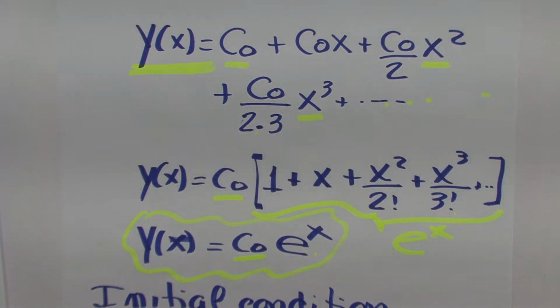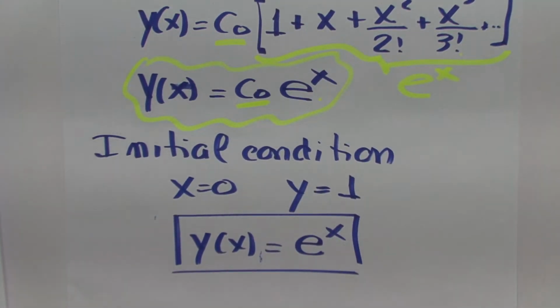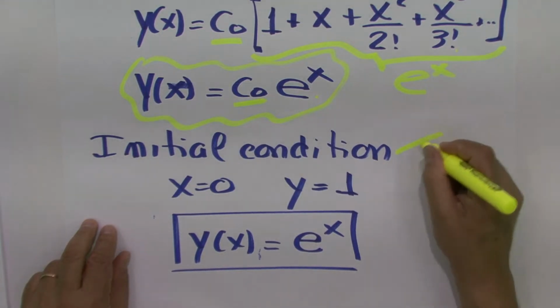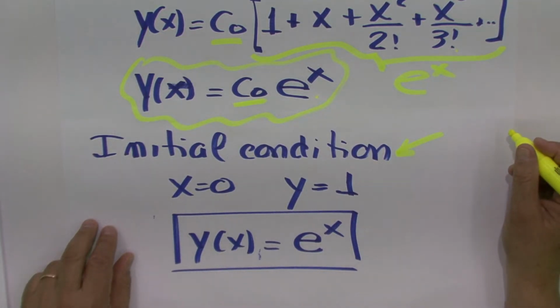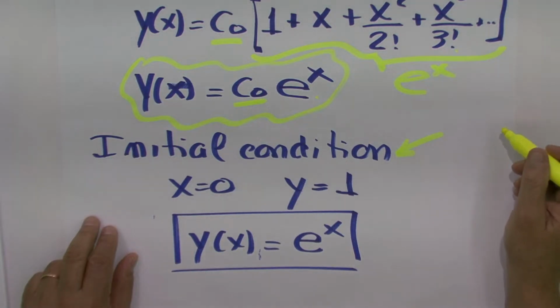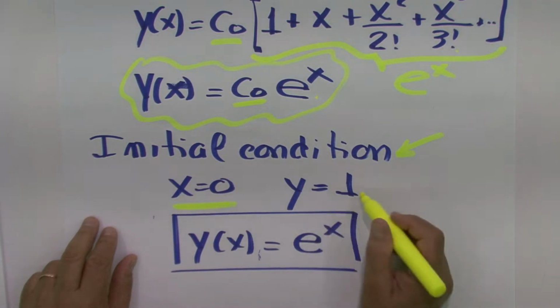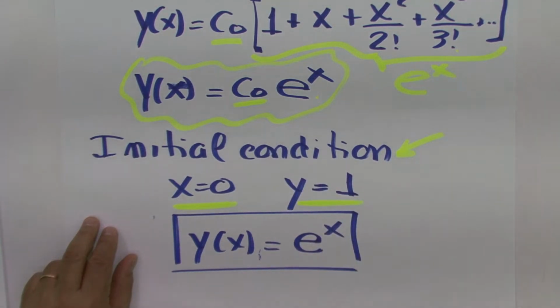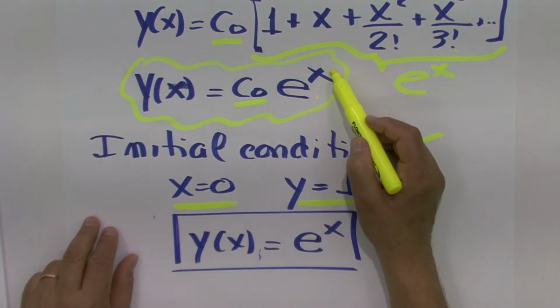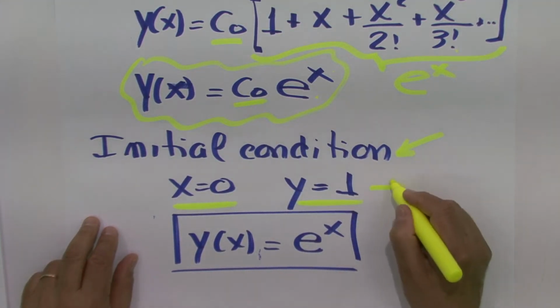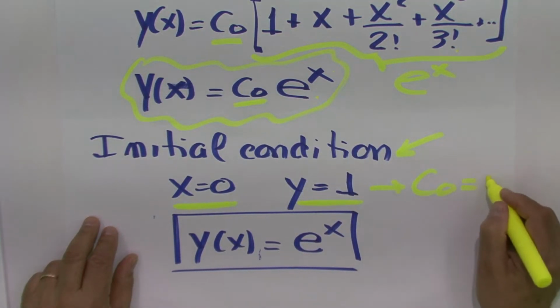And to determine the constant, I need some initial conditions. Any differential equation needs initial conditions, right? And here, the initial condition that I am giving is, at x equals 0, y must be 1. And then I determine that if x equals 0, y must be 1, so this puts C0 equal to 1.